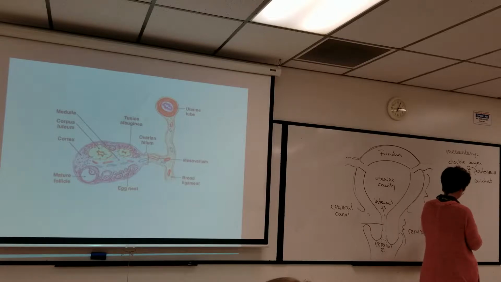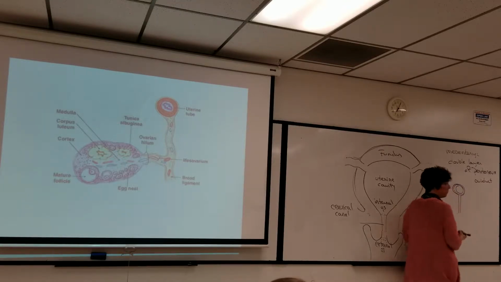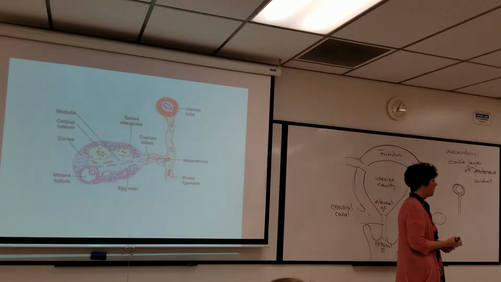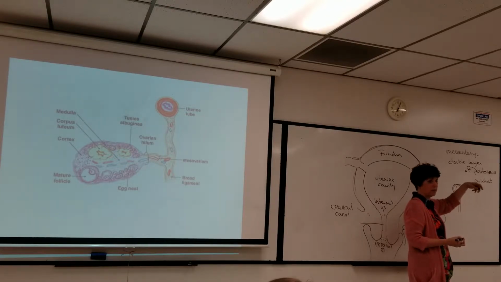So if we take that layer of peritoneum, it's going to go around the oviduct. That's our clothesline. And then that double layer containing blood vessels and connective tissue is known as a mesentery of the oviduct. And what was another name for the oviduct? Uterine tube, fallopian tube, or, excuse me, what was another name for tubal ligation?